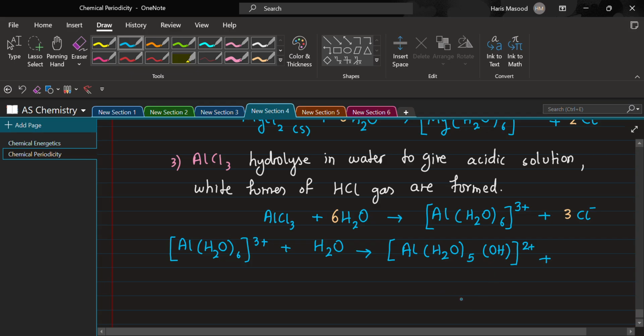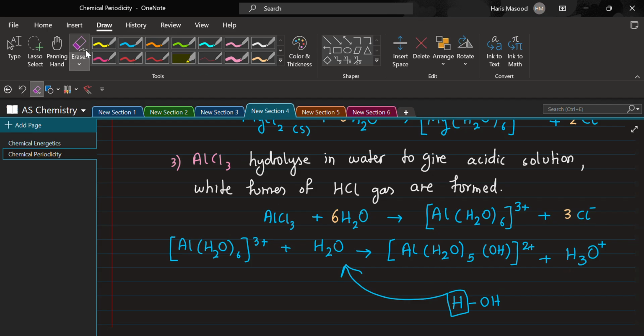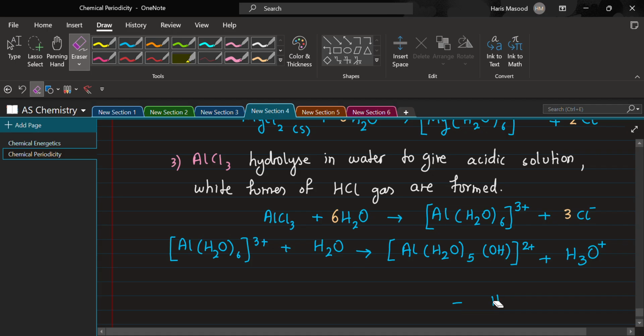Water has H and OH ions, so one water was broken down and its H was taken and added to this water, so it became H3O plus. That H plus ions made the solution acidic. Clear?